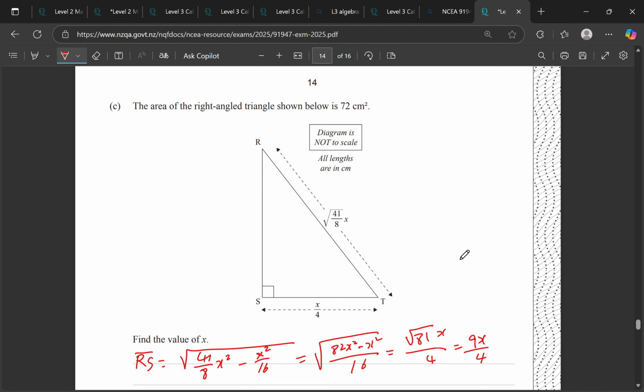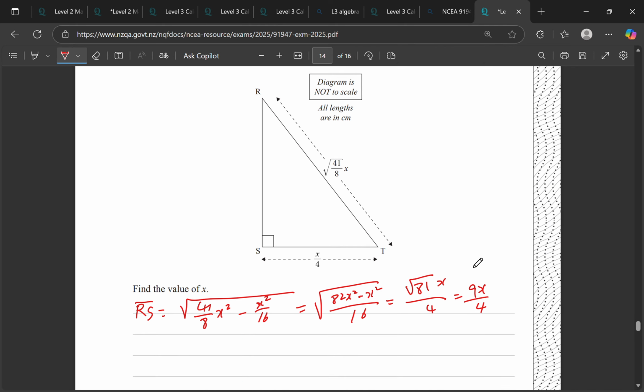So that's RS. RS times ST times half gives me 72. So half times ST is x over 4 times RS height is 9x over 4, equals 72.